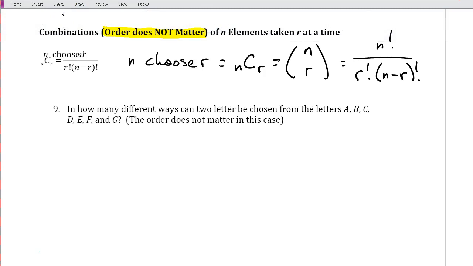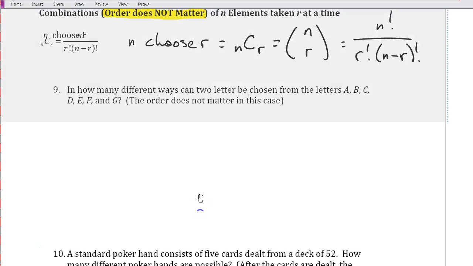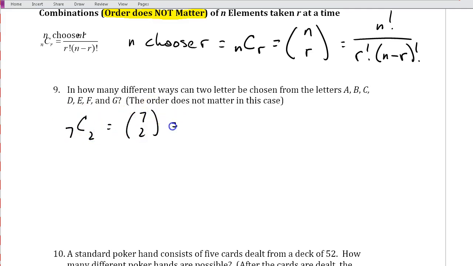So for number 9 here, how many different ways can 2 letters be chosen from the letters A, B, C, D, E, F, and G? So we've got 7 letters, and we need to choose 2. So we've got 7 choose 2. It's going to be 7 factorial over 2 factorial times 7 minus 2 factorial.